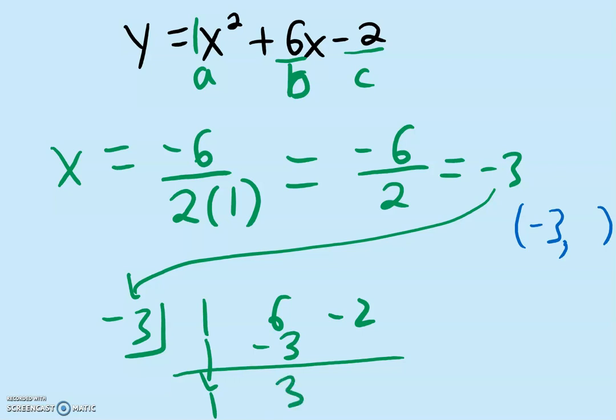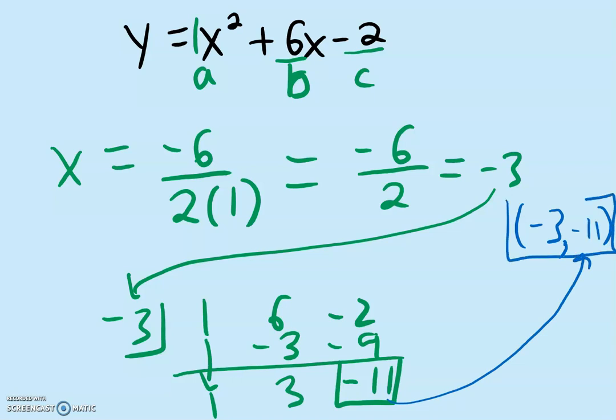Then we multiply. -3 multiplied with 3 is -9. And then here we have -2 minus 9, which is -11. And so the y-coordinate right here is -11. And that's your answer for the vertex.